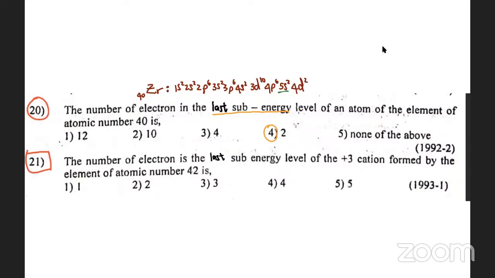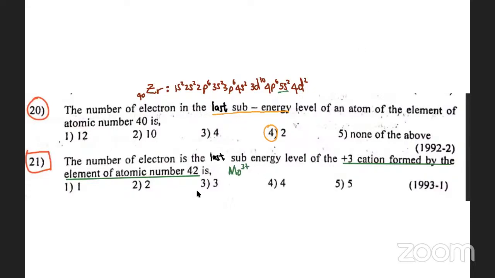But you have to be a little careful. The 3+ cation of sub-energy level formed by the element of atomic number 42. Who is that? Molybdenum, isn't it? It should be molybdenum 3+. The periodic table is there for you to check. We have to write the electronic configuration of molybdenum 3+.